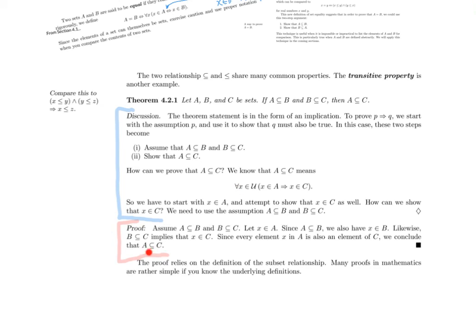So therefore, A is a subset of C. An important thing to note, which we've said before, is that proofs often rely very much on the definitions involved.